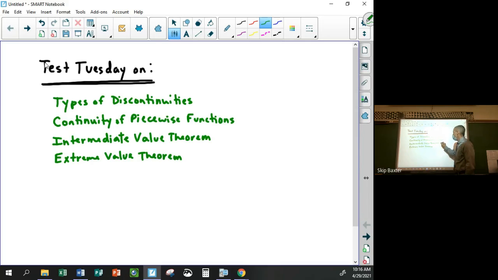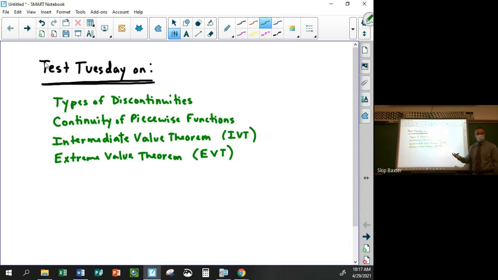So the intermediate value theorem, or IVT, just says that if a continuous function goes from here to here, it has to hit all the y values in between. And then the extreme value theorem, or EVT, just says that if you have a continuous function, it has to have a max and a min. Remember, those types of questions involve inferences from tables.